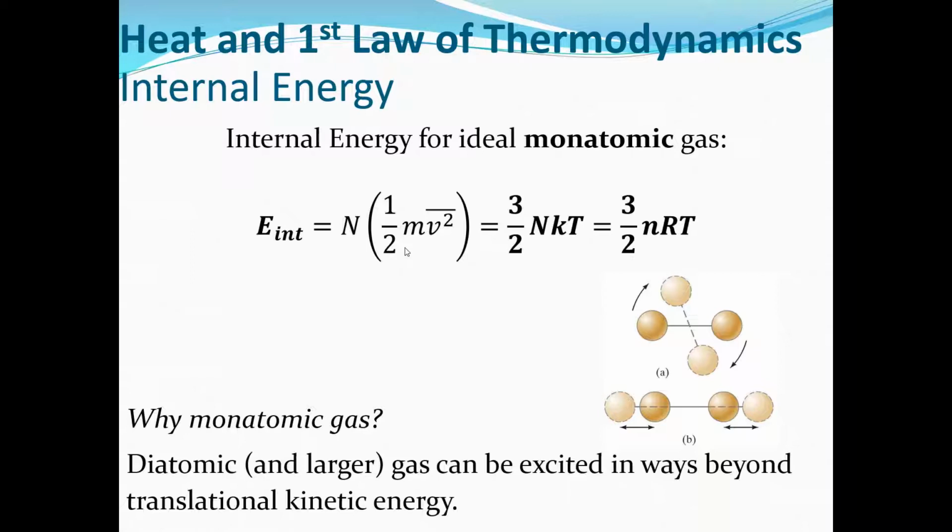See, a monatomic gas is only allowed to be excited translationally. So it can move horizontally, it can move vertically, it can move in the z-axis, in and out. Diatomic and triatomic atoms, on the other hand, can actually be excited past this translational motion. They can start vibrating and rotating. So in those cases, the equation will have to change because there's other ways that it can express its energy.